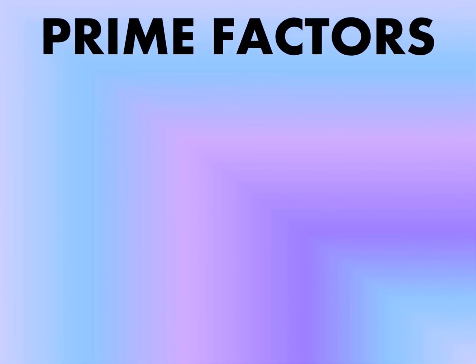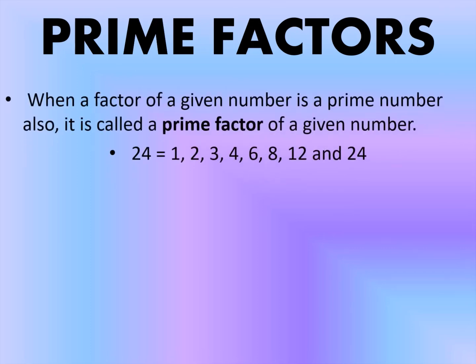Now, let's know what are prime factors. When a factor of a given number is a prime number, it is called a prime factor of the given number. Let us take a number, say 24. The factors of 24 are 1, 2, 3, 4, 6, 8, 12 and 24.